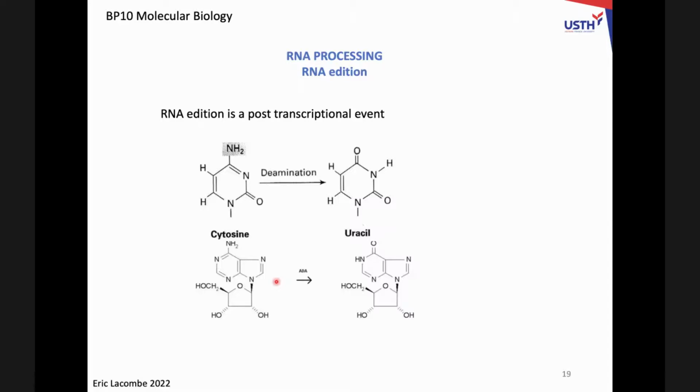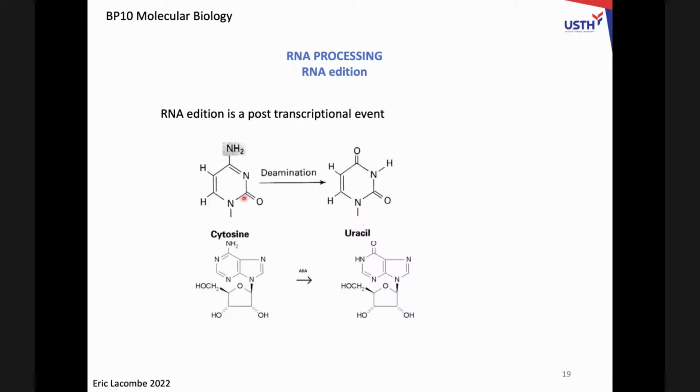You have to imagine that, as you know from the beginning, RNA is composed of 4 bases, A, U, G, C. But actually there are many more than 4 bases. There are almost 20 different modifications. So just to show you, but you don't need to remember that.